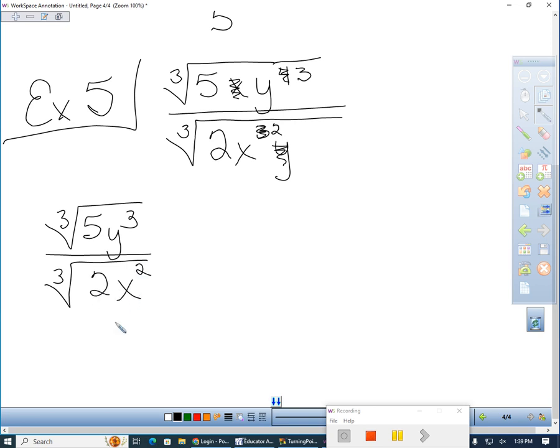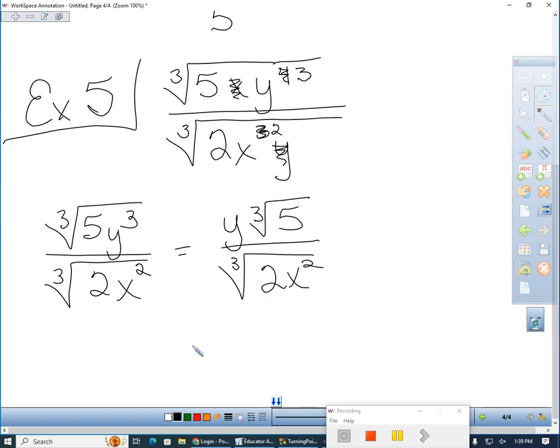What is my second step? Not yet. Simplify. Is there something I can take out here? I can take out a y on the top, can't I? So I have y cube root 5 over the cube root of 2x squared.